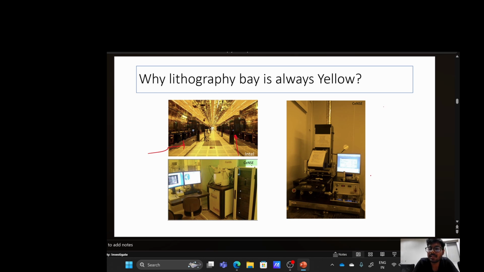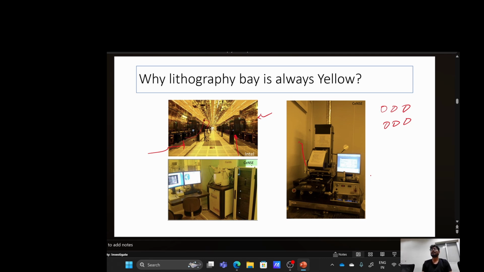There are very few dust particles inside the clean room, so that they do not affect the lithography process. Another thing is that these rooms are mainly lit with yellow light. This is done because the photoresist we were talking about is sensitive to the wavelength of the light.